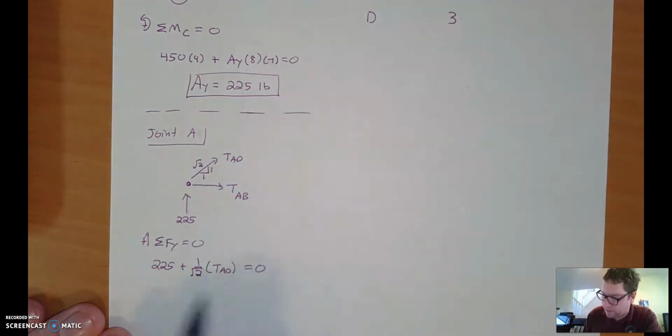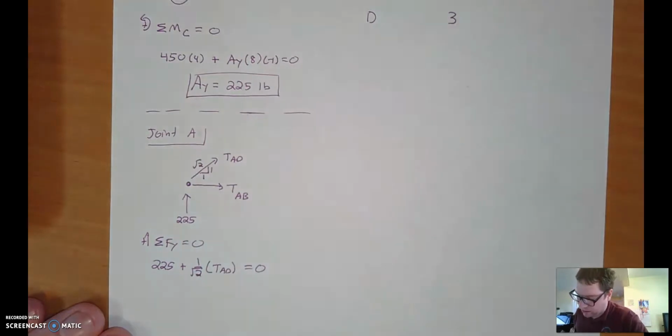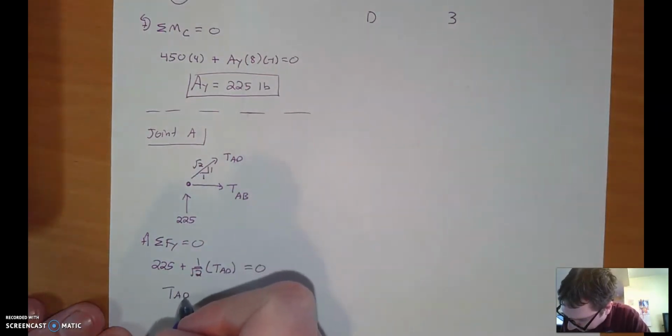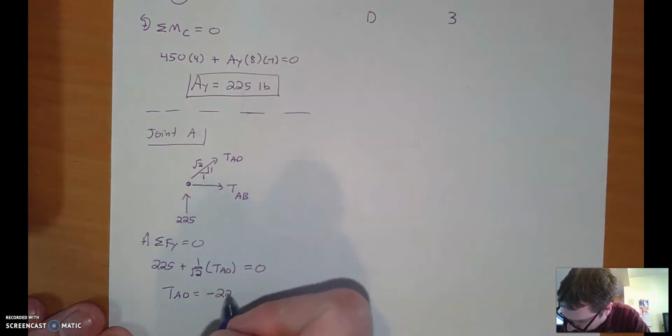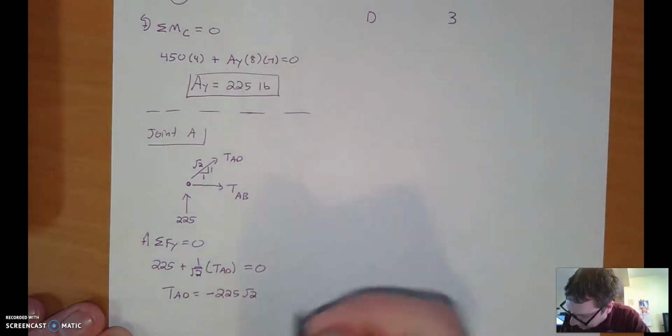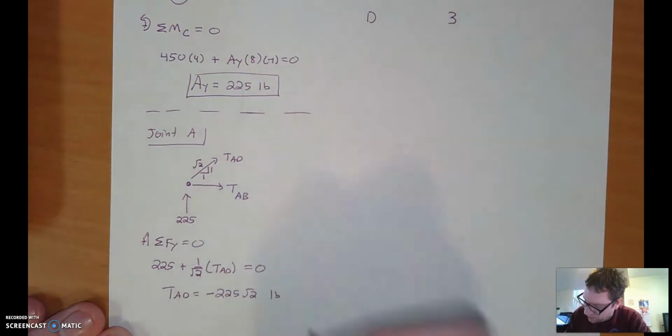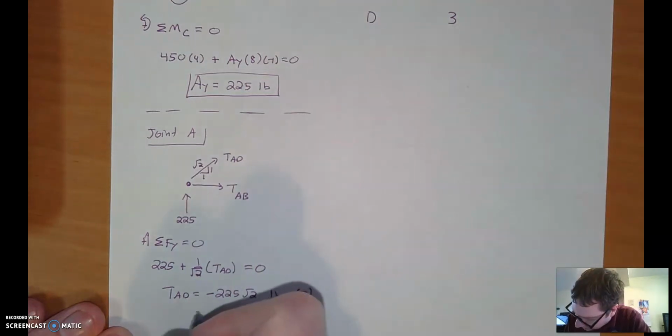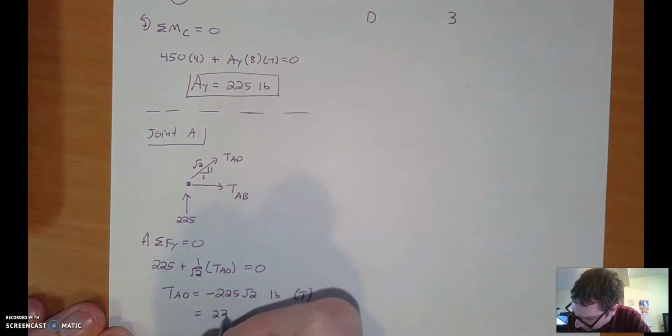A lot of times these aren't very long equations, because there's not that many things going on. I solve this for TAD, I'm going to get negative 225 root 2. This is in pounds, and we would note that this is in tension, because that's what we assumed. Now the negative sign means that it is actually in compression. So we could also say that this is equal to 225 root 2 in compression.